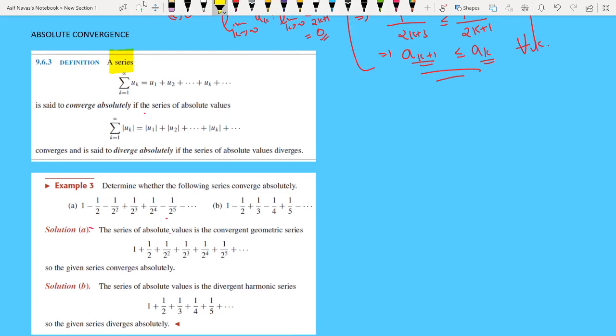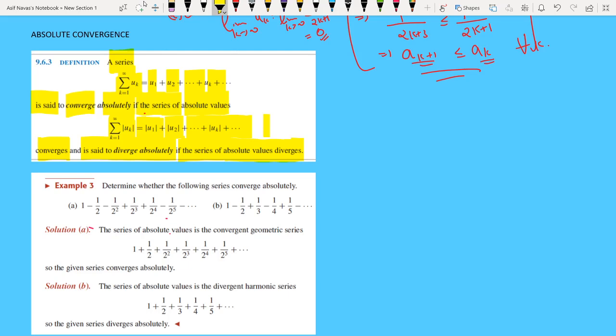A series sigma k equal to 1 to infinity uk, which is equal to u1 plus u2 plus etc. uk plus etc., is said to converge absolutely if the series of absolute values, that is sigma k equal to 1 to infinity mod uk, which is equal to mod u1 plus mod u2 plus etc. mod uk plus etc., converges, and is said to diverge absolutely if the series of absolute values diverges.